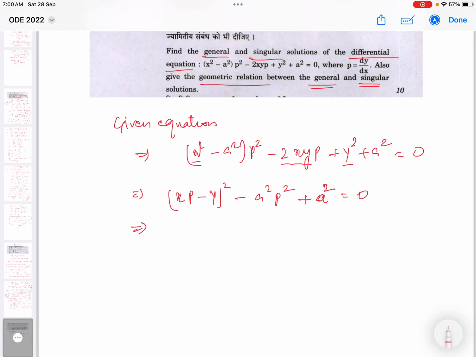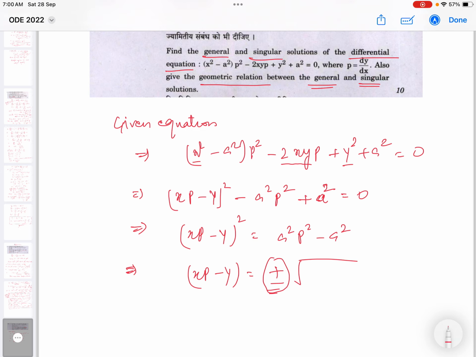We take xp minus y whole square is equal to a square p square minus a square. If we take the square root on both sides, xp minus y is plus minus. Mind it, there will be plus minus both.